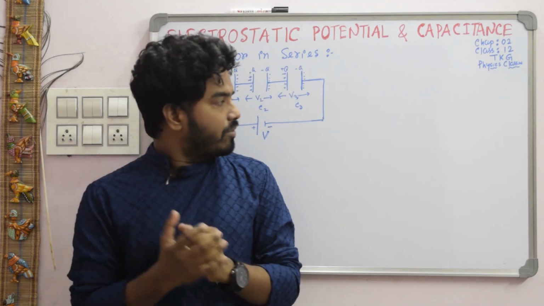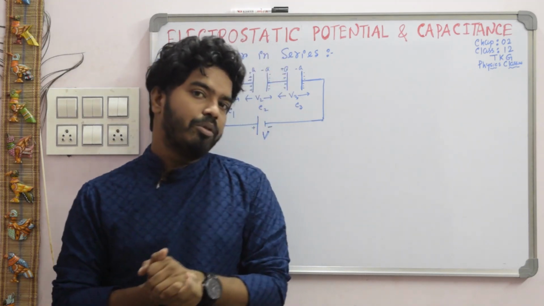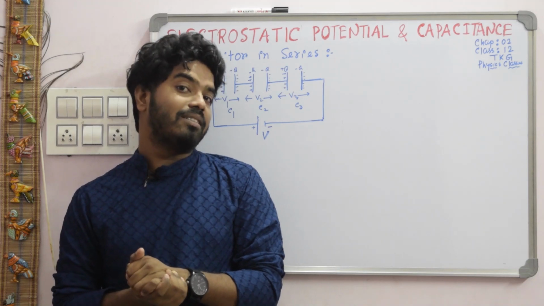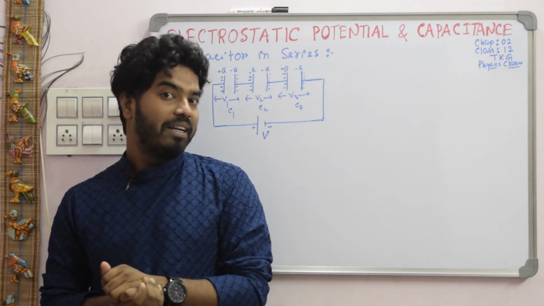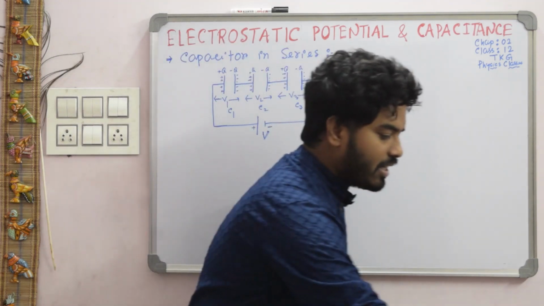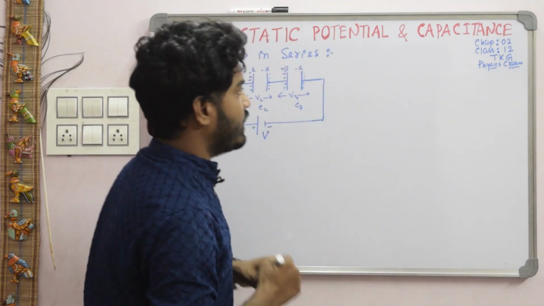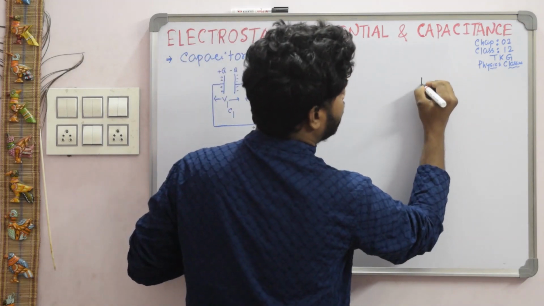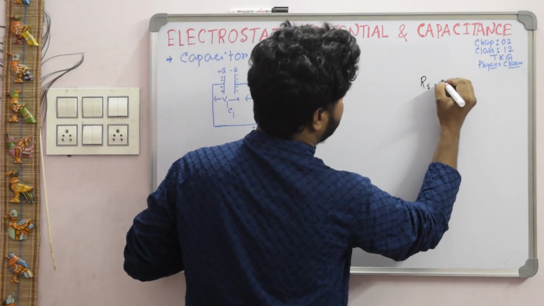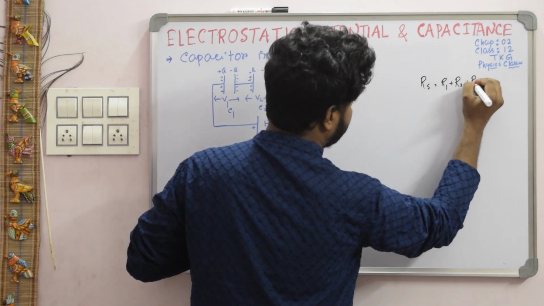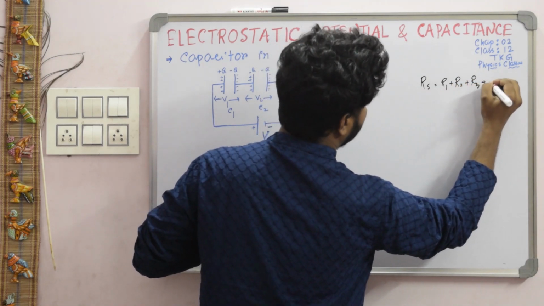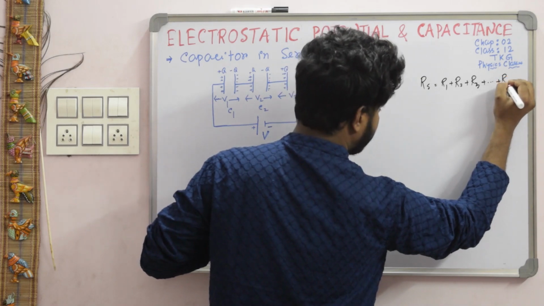Okay, so all of you know about the resistance series and parallel combination, which is in class 10. And what is the equivalent resistance in series and parallel combination? In series combination the equivalent resistance formula is Rs equal to R1 plus R2 plus R3 up to Rn for n number of resistors, right?